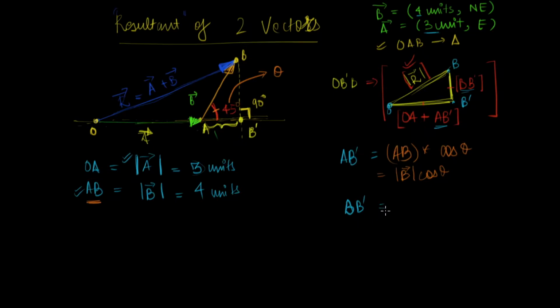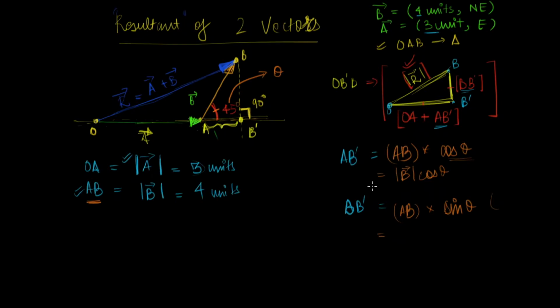And likewise, BB prime turns out to be the perpendicular of the small triangle AB prime B. By that, I mean BB prime would be the hypotenuse, which is again AB, multiplied by sine of theta. Now remember, sine always gives you the perpendicular, and cosine always gives you the base.